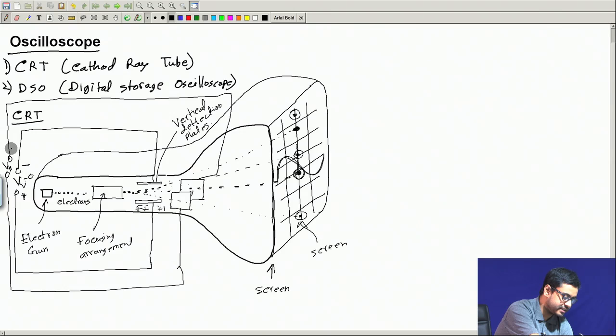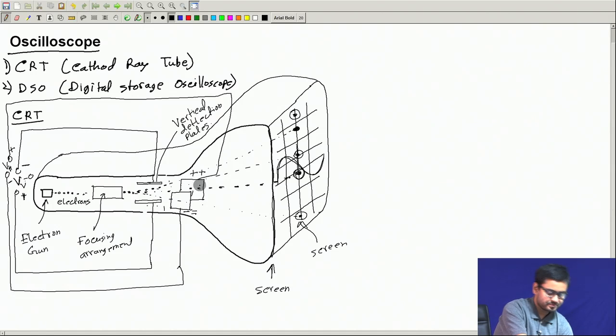Now, say if you make this side positive, this side negative, then what happens? Then this plate is positive and this plate which is closer to me is negative, and say there is no voltage here. These two plates are inactive.